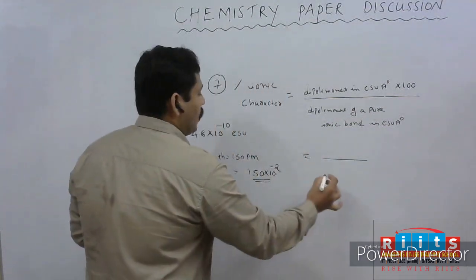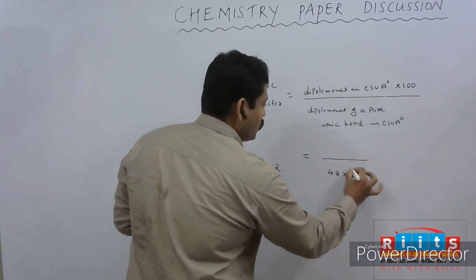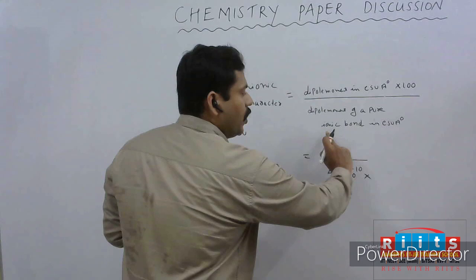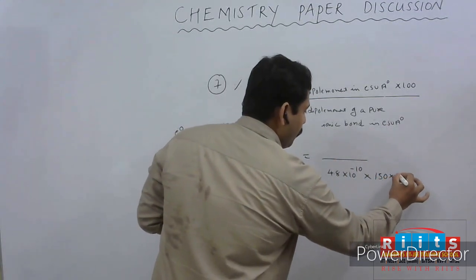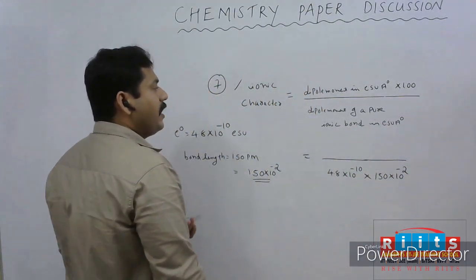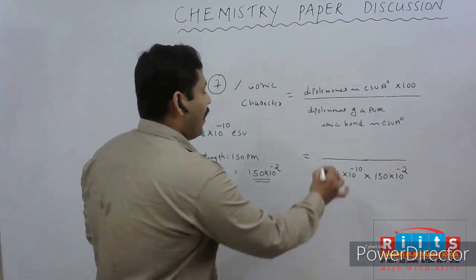So we know that the dipole moment of a pure ionic bond in ESU means what? That is the e0, the charge of electron, that is 4.8 into 10 raised to minus 10 into bond length. Then we can find out the dipole moment of a pure ionic bond, right? So that is 150, it is in picometer. So we can convert into angstrom, that is multiplied by 10 raised to minus 2 only, right? Now, what is the dipole moment in ESU angstrom? We are given 5 D only.